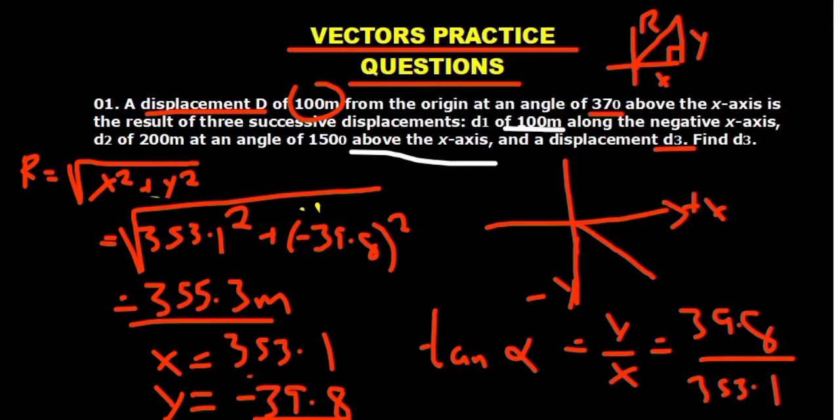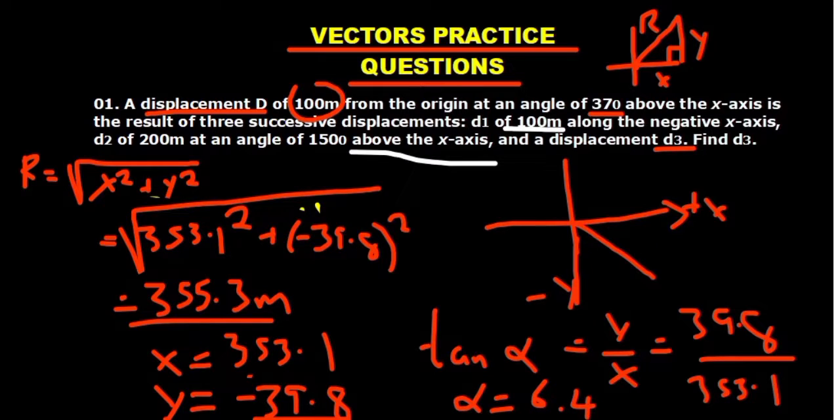Taking tan inverse of 39.8 divided by 353.1, your alpha is going to be 6.43.